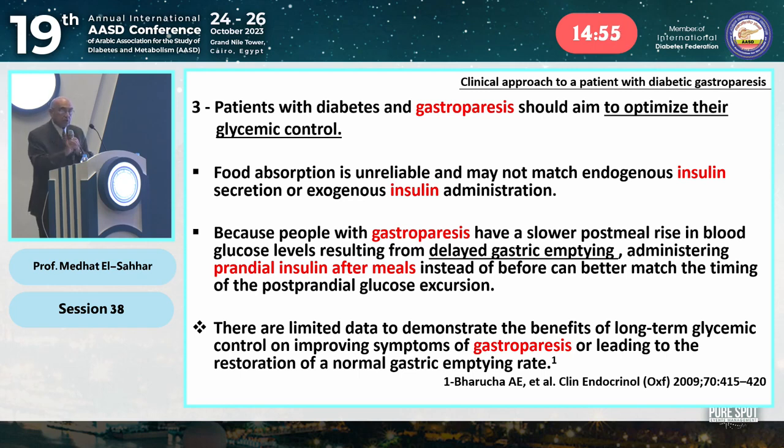So I have to adjust as I can this uncontrolled diabetes. Because people with gastroparesis have a slower post-meal rise in blood glucose level with the delayed gastric emptying, maybe changing the timing of prandial insulin to be after meals instead of before meals may help.